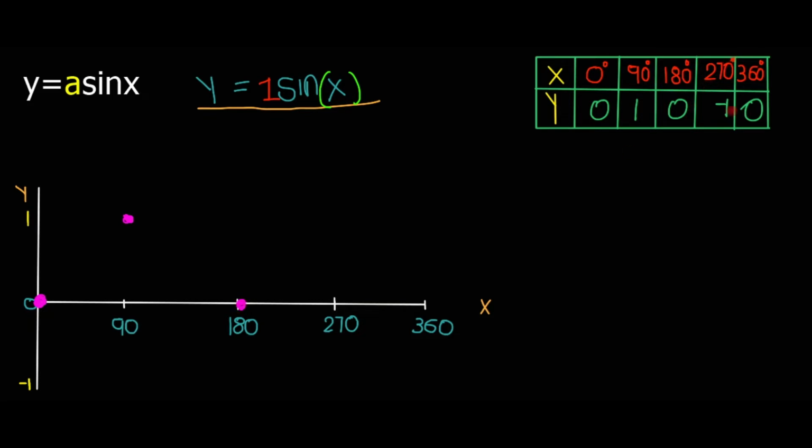And then 270 and minus 1 is this one. And then 360 and 0 is over here. And then from here I will join the points. So now here is our graph of y is equals to sin x.